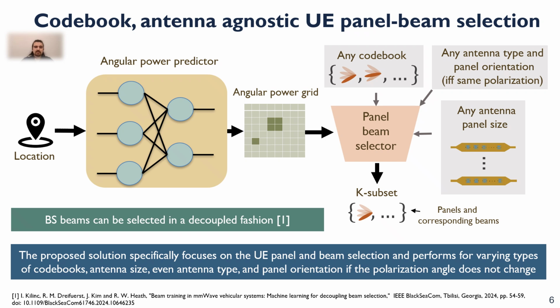Then the K subset is selected. The proposed solution specifically focuses on the UE panel and beam selection, and performs for varying types of codebooks, antennas, even antenna type, and panel orientation, if the polarization angle of the antenna element doesn't change.